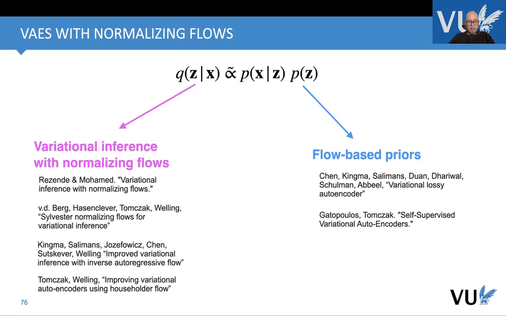Right. And the last slide, what I would like to highlight is that you can also use flows, normalizing flows, in combination with other models. For instance, there were papers on using normalizing flows for VAEs.